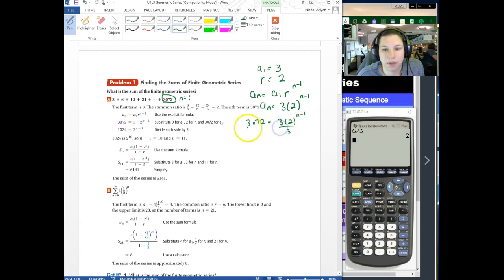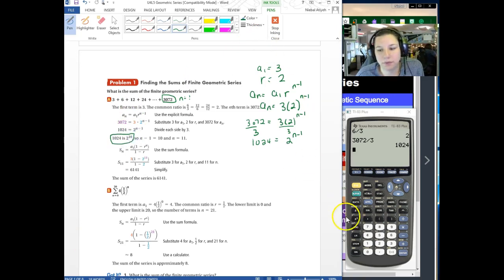So we're going to divide by 3 first. And then this step is a little bit tricky. They're kind of supposed to know that 2 to the 10 is 1024.